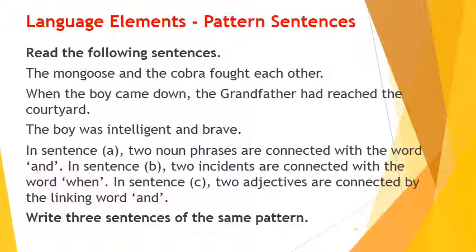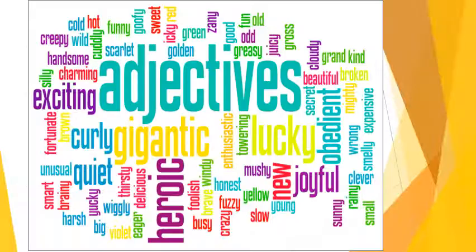We cannot say intelligent and coward. So, the boy was intelligent and brave. You may connect it with some other adjective and write another new sentence. So you have to write three sentences of the same pattern. That's the task that you have to do here.